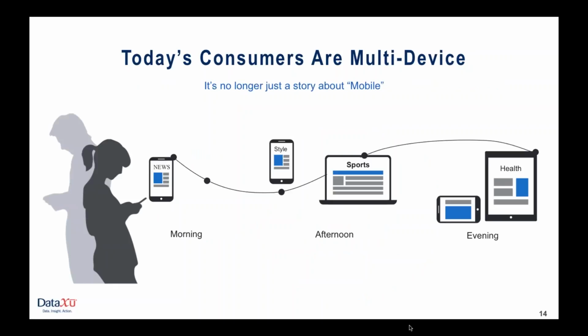To drive this point home, I want you to picture your own typical day and how you interact with all of your devices. For me, on a typical day, I wake up and pull up CNN.com on my smartphone in bed to check the news. On my way to work, I may browse through the latest trends in fashion on my favorite blog or on Instagram.